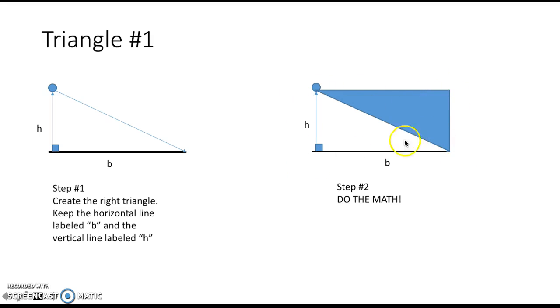So you'll have a rectangle here, and we know that it's BH, base times height. Because this triangle is 1/2 of the whole rectangle, you therefore have 1/2 base height. So that we know works for triangle 1. We'll check that off.